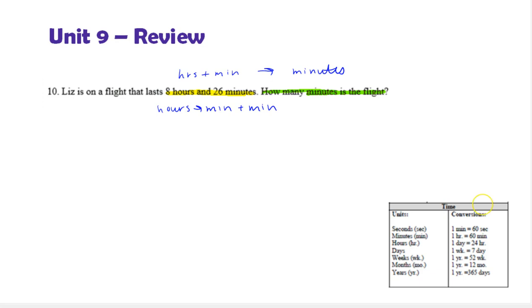So here are some time conversions. Notice we have 1 hour equals 60 minutes. So let's take our 8 hours. I want hours to cancel, so I'll put that on the bottom. Minutes to stay, I'll put that on top. The hours cancel.